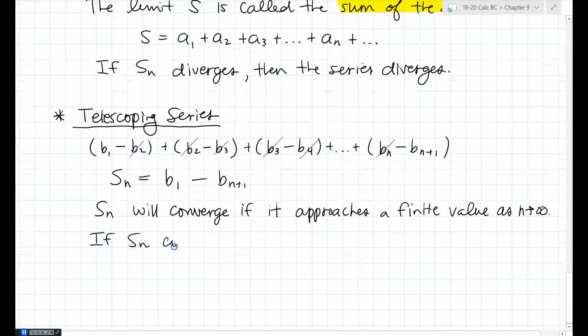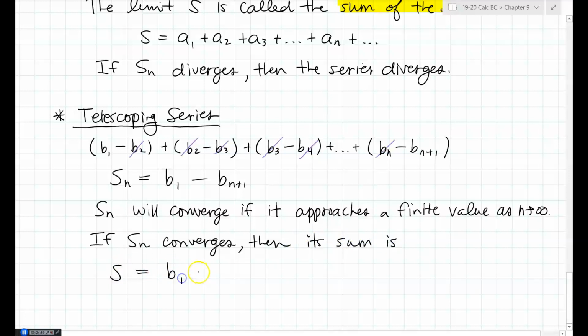If S sub n converges, then its sum is S equal to b sub 1 minus the limit as n approaches infinity of b sub n plus 1. So if you need to find the actual sum of the telescoping series, you take the first term that's not canceled, b sub 1, and then you subtract the limit of the last term.